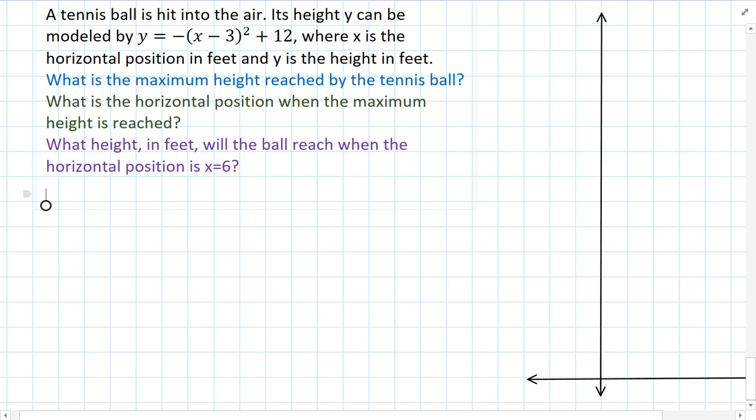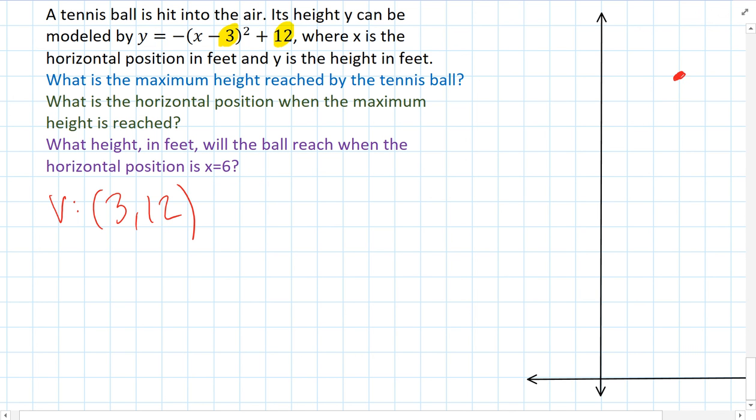Alright, so I'm graphing. My vertex is going to be at the opposite of my h and my k, so it's going to be at 3, 12. So I'm going to go over 3 and then up 3, 6, 9, 12 to this point right here.